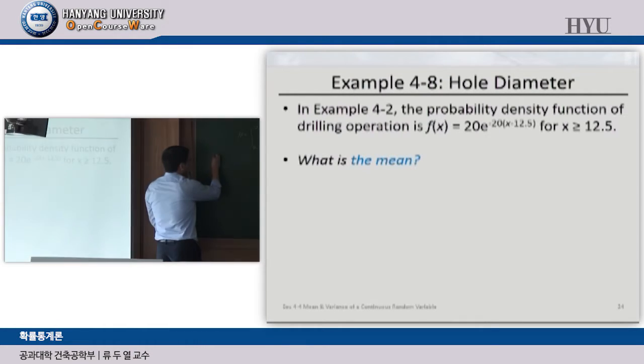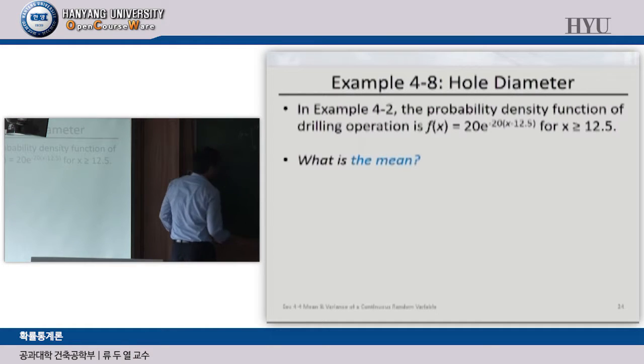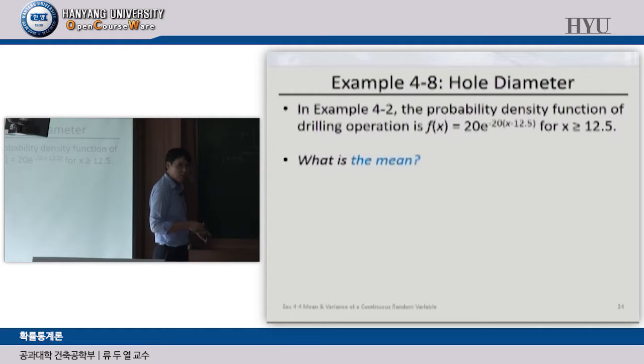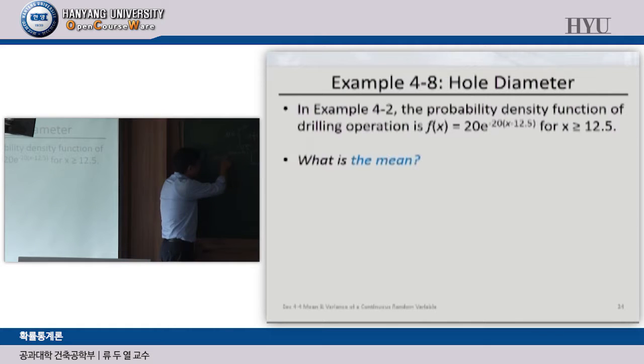So for the case of A, that is x multiplied by minus e to the minus 20 (x minus 12.5) from 12.5 to infinity, right? So when the exponential has minus infinity, this value will go to 0, right?